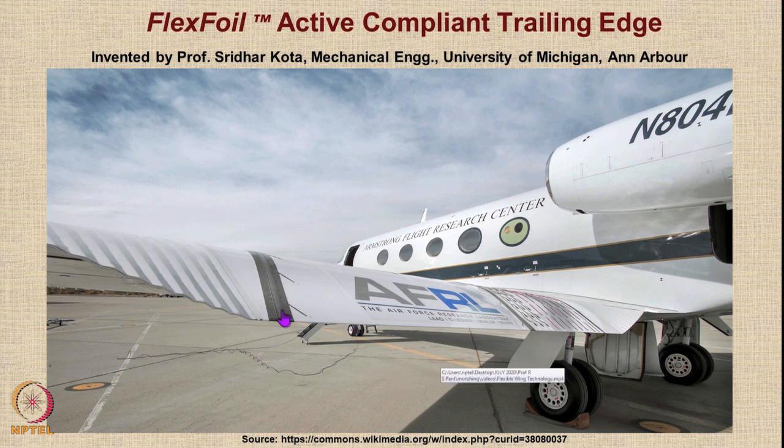You can see here that the wing does not have any discontinued parts. Normally when you deflect the flaps, they go down, so they create a cavity. Here there is a flexible membrane attached to the root, so they are not going down, they are just deforming. So let us watch a short clip on this concept which explains how this concept went from the initial idea to the reality through various stages.